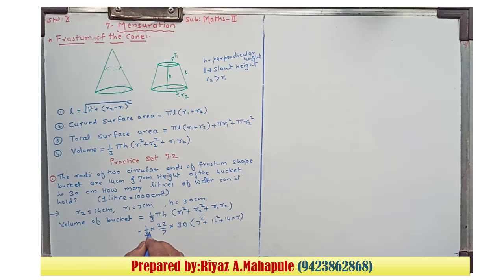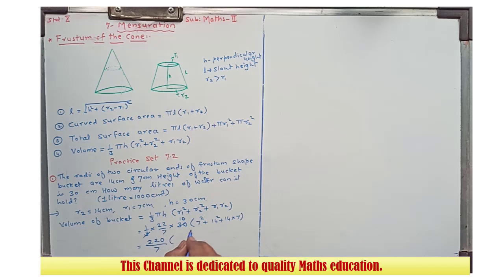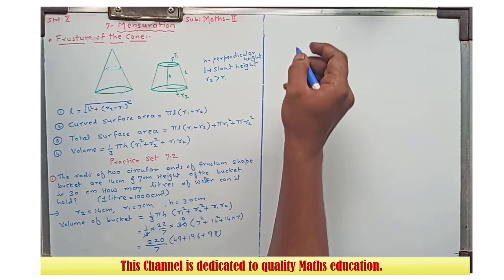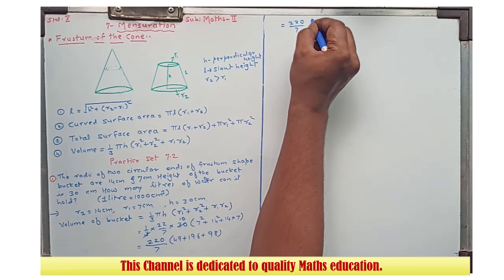Okay, that is equal to 3 1s are 3, 3 10s are 30, 22 into 10 that is 220/7 into bracket 7 square is 49, 14 square is 196, and 14 sevens are 98.